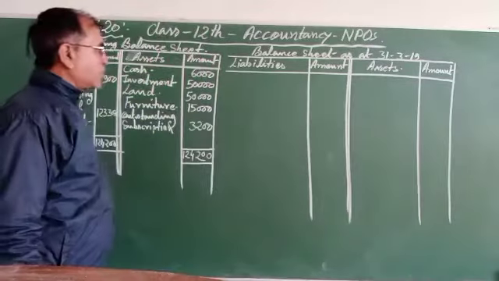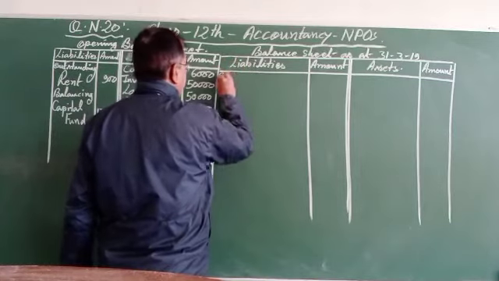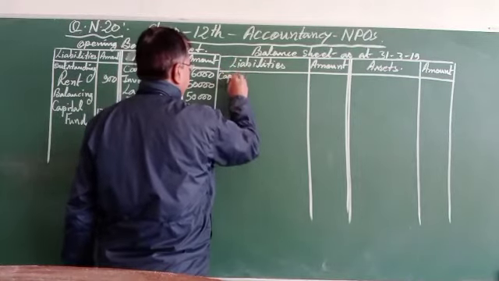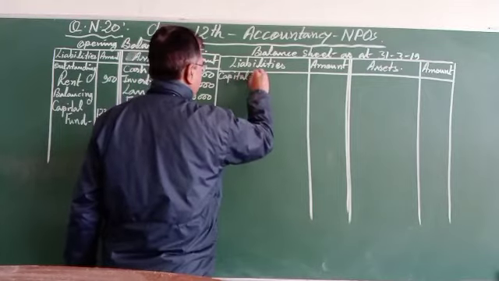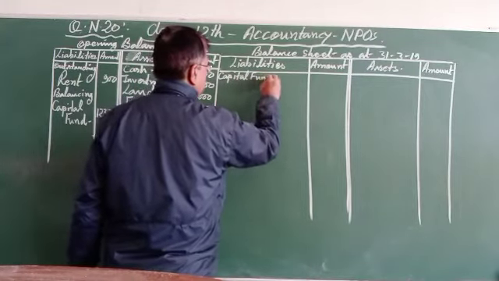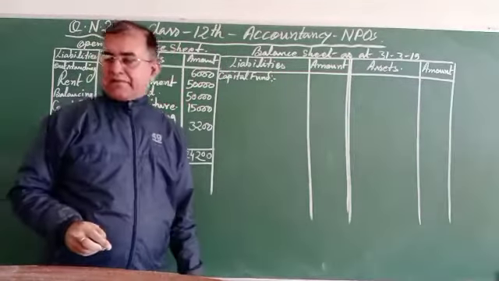Going through the information given in the question, first we have to write the capital fund over here. In the previous video, you have calculated the surplus. The surplus will be added to the capital fund.